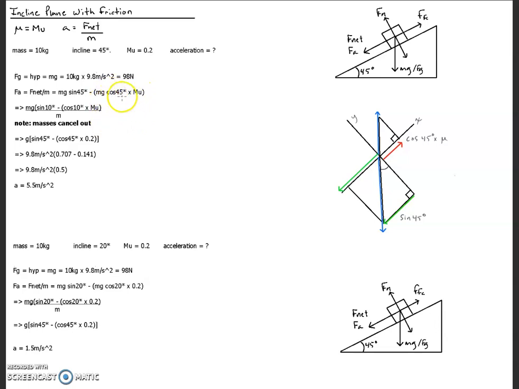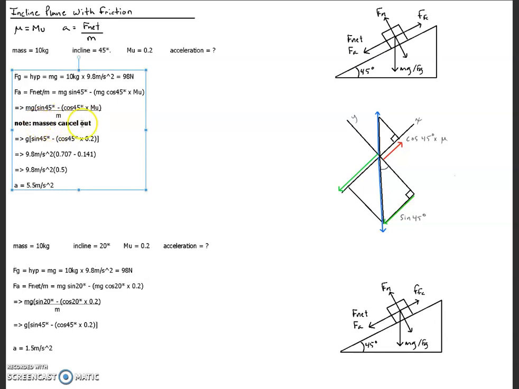But we have introduced the cos now. So mg factors into both. So we can change this here. So mg, and again, it's F net over m. So we have mg times the sine of 45 degrees over m.